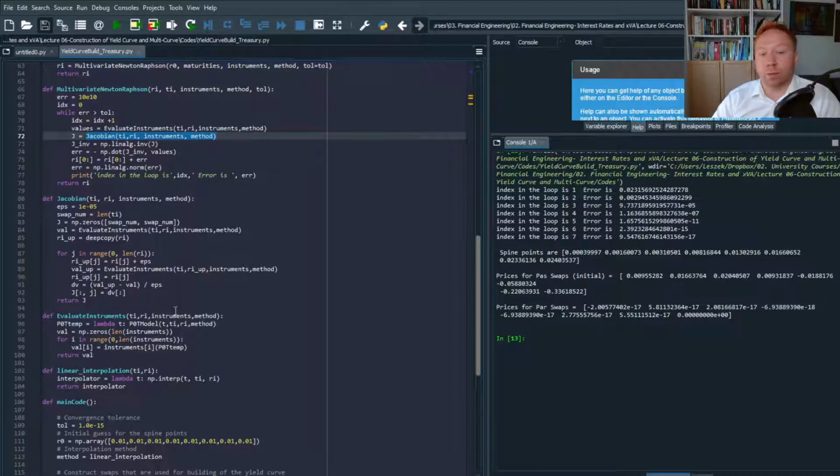Typically in a library, a swap doesn't really change. So the sensitivity of your swap to zero coupon bonds, to spine points, and also the interpolation effect, are typically computed analytically so that we don't need to perform shocking. In this case, that would also benefit us, because we had to perform the evaluation 2 times for every iteration.